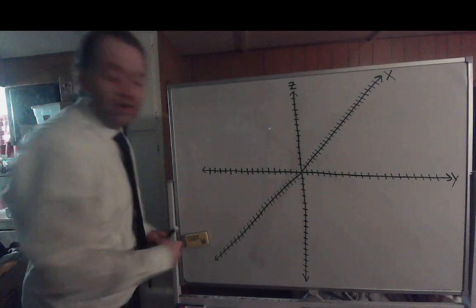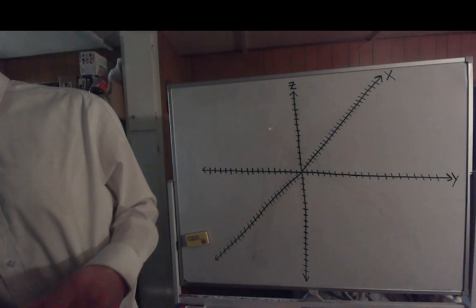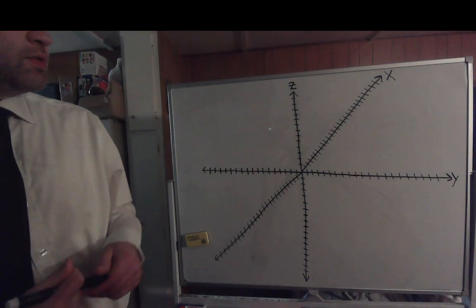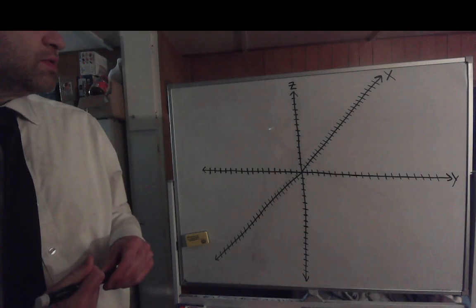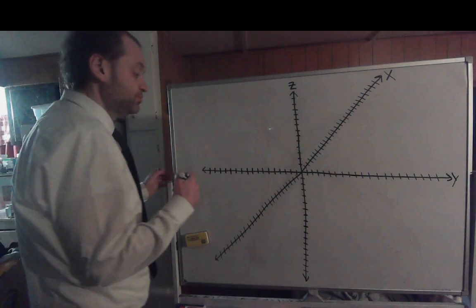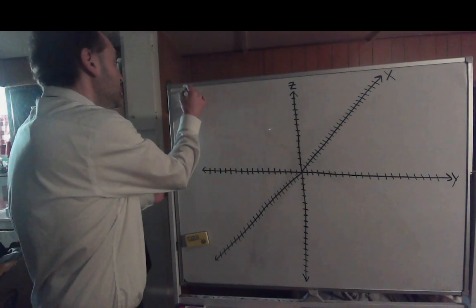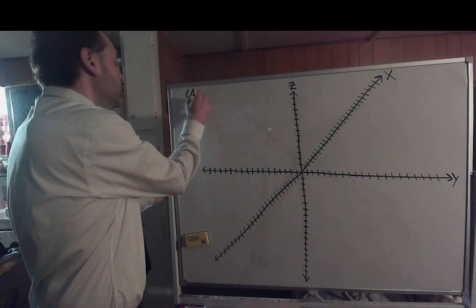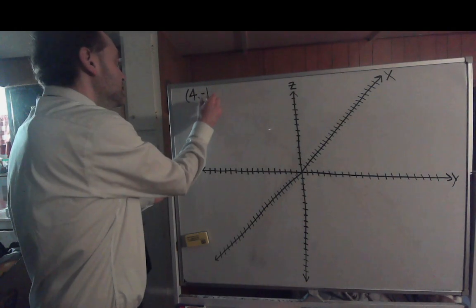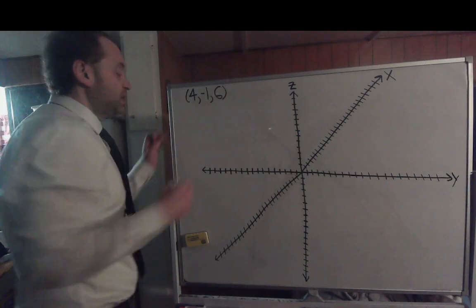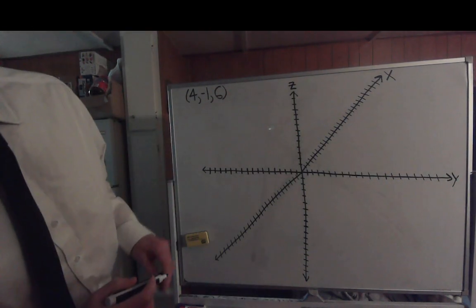What about if I plotted, let's do (4, -1, 6). Let's plot the point (4, -1, 6). Well, where's that going to be?